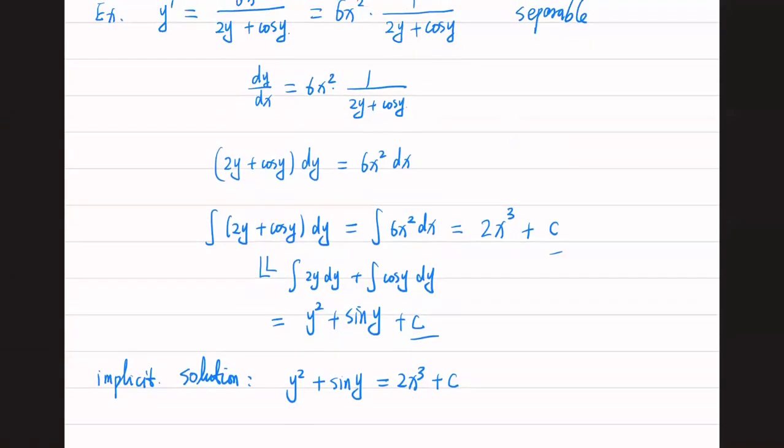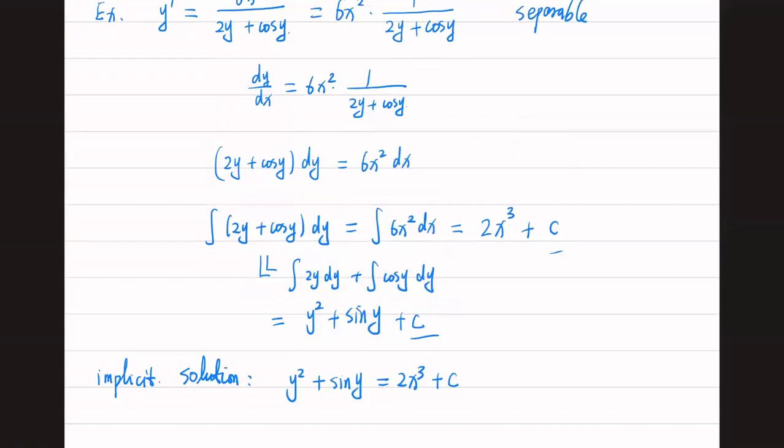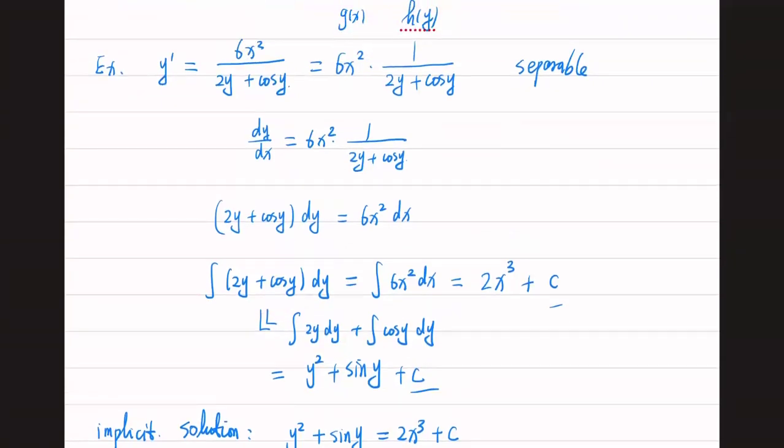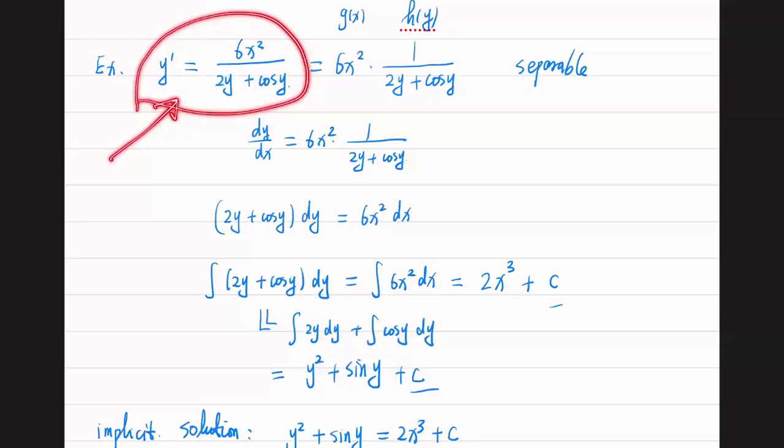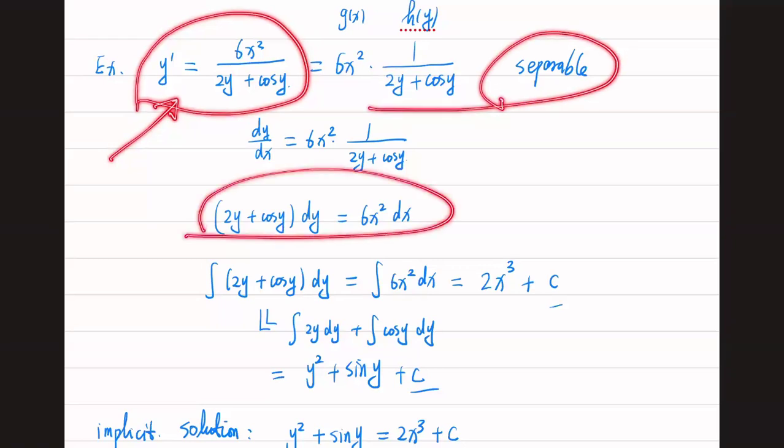This method, the separation of variables, often gives us an implicit solution because we cannot control what the integral gives us, something maybe complicated. However, this differential equation looks scary at the beginning, but we recognize it's separable. After the separation, that becomes two integrals. Then we have done so many integrals, these are not difficult at all.